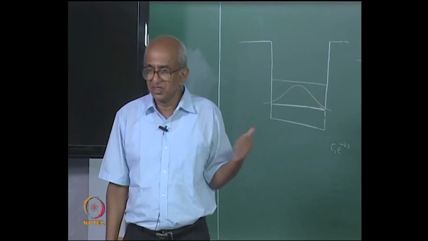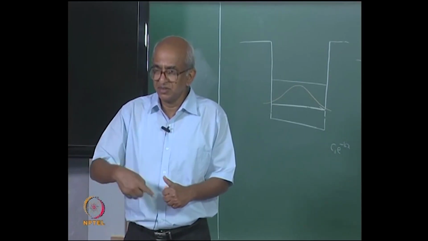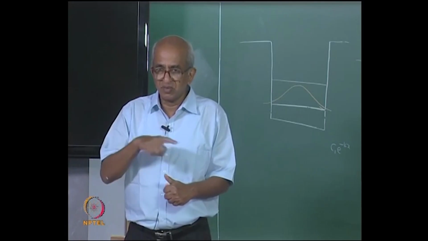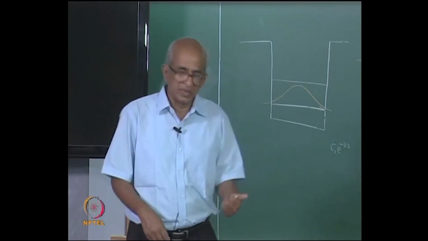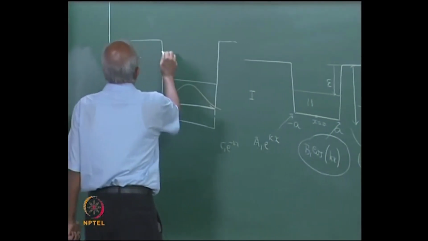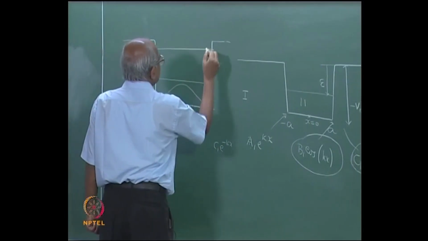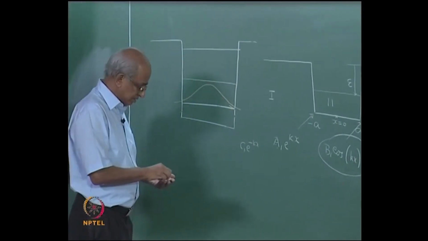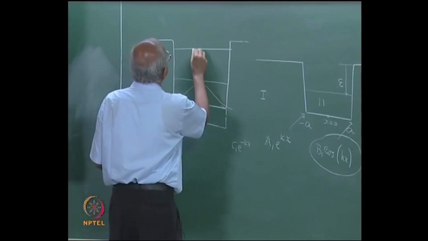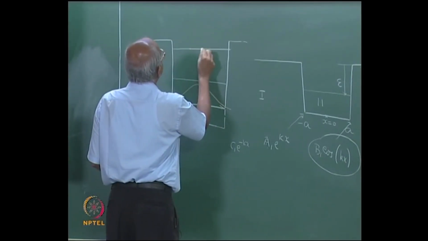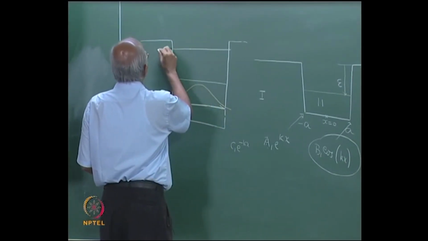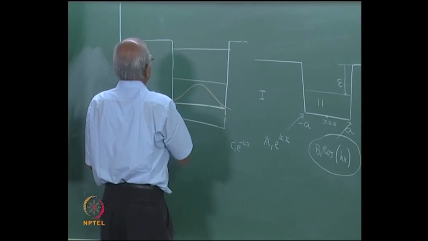Because the next state has to be antisymmetric. The lowest possible state is symmetric, the next one is antisymmetric, and the next one, which will be somewhere here, will be symmetric. And how would it look like? It would look like this.